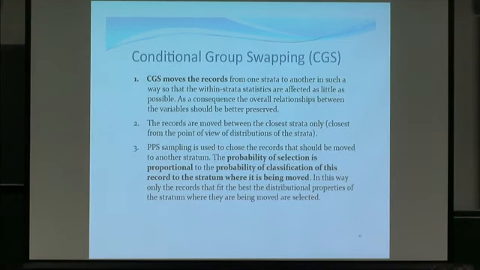The version of swapping I call the conditional group swapping approach, or CGS, maybe abbreviated. It is designed to mask strata-defining variables when we decide that we need to mask strata-defining variables.